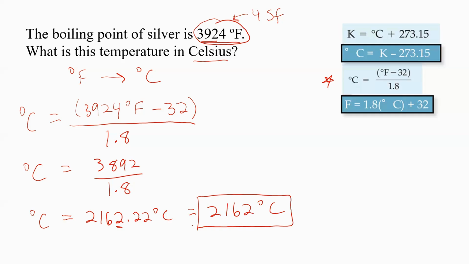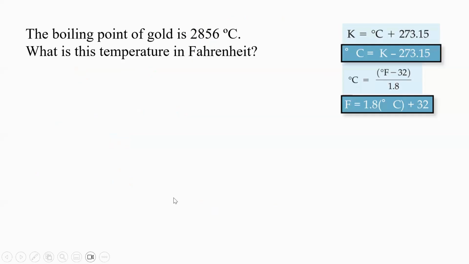Awesome. Let's do another example. Here, the boiling point of gold is 2,856 degrees Celsius. I'm asking, what is this temperature in Fahrenheit? So here we're given the temperature in Celsius and we're asking for the temperature in Fahrenheit. So we have to go from Celsius to Fahrenheit.